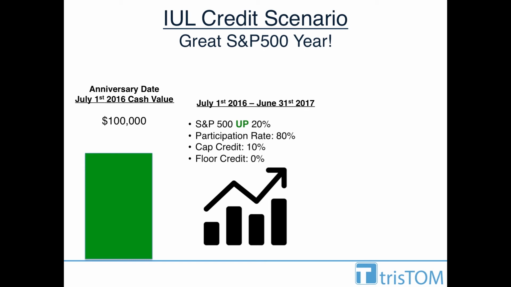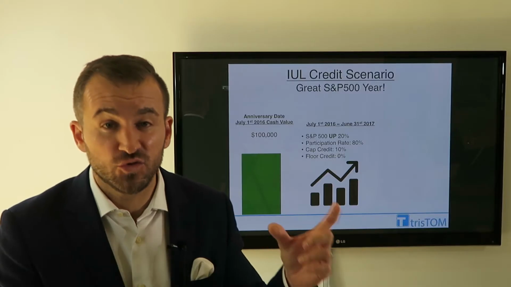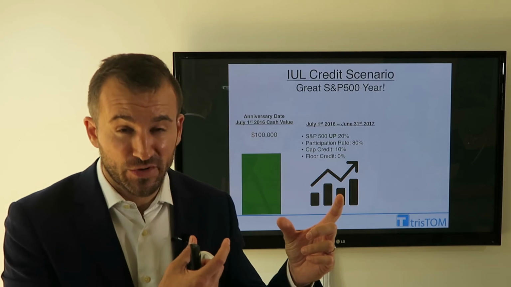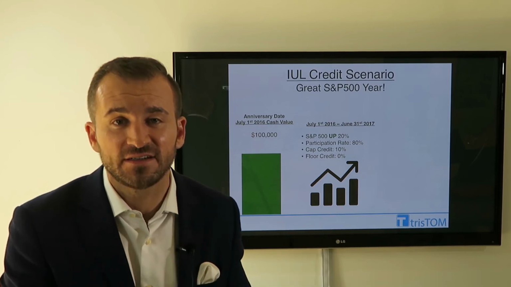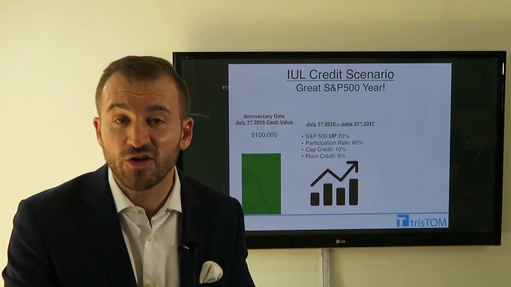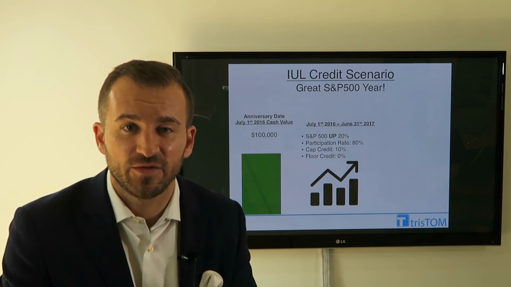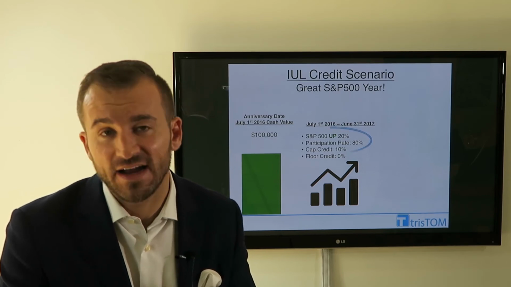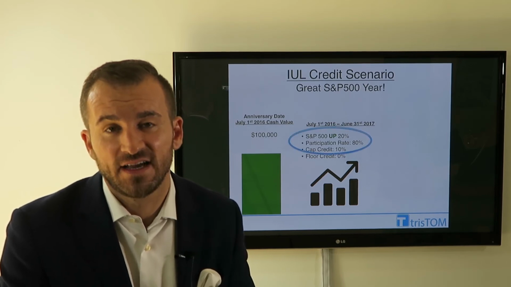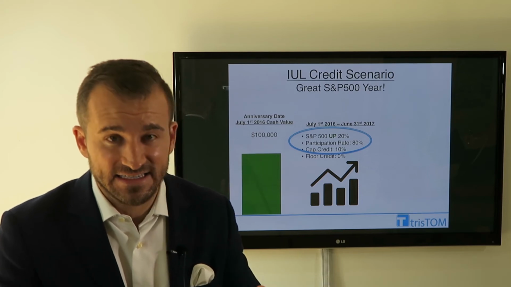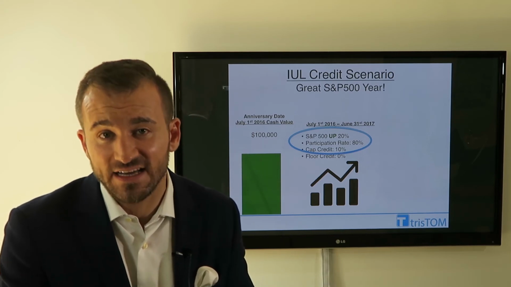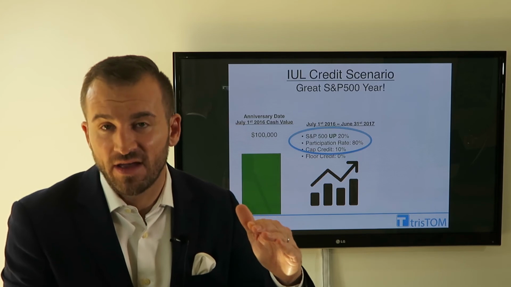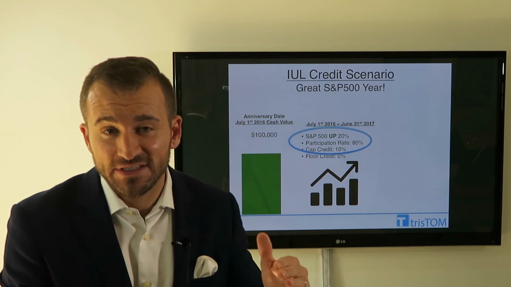Now, you would think if I'm taking the S&P 500 of 20% and looking at a participation rate of 80%, I should get a 16% increase on my cash value. But you got to keep in mind that cap credit. That cap credit is the next item that you got to look at, and you realize that there's a 10% cap. Therefore, there's a 10% cap.